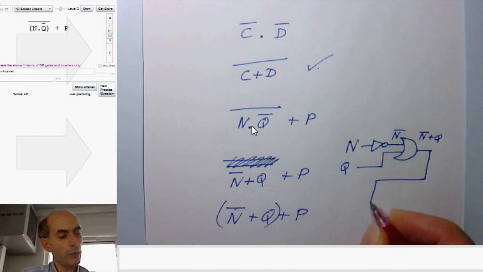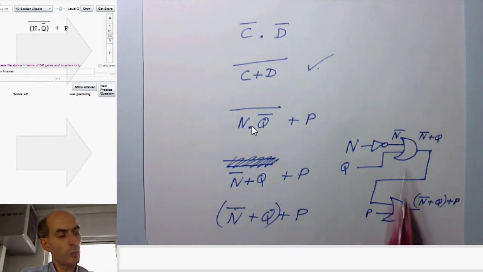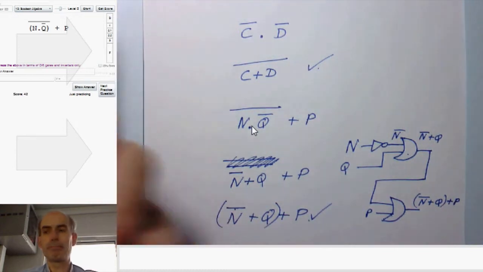And if I take that and put it into another OR gate with P, I would end up with not N or Q or P. And I've done this just with OR gates and inverters. So that should work. Let's try it.